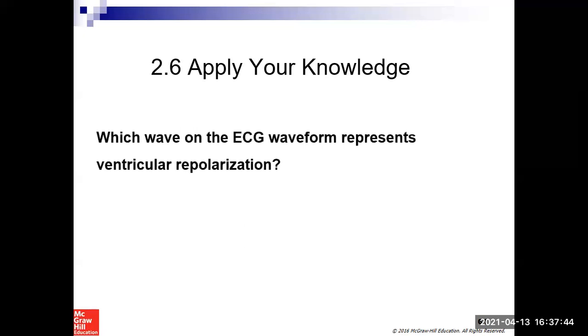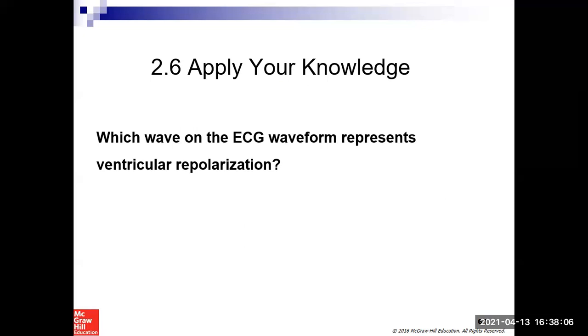Which wave of the ECG waveform represents ventricular repolarization? Again, the table on page 42, table 2.4, ECG components, make sure you read and know the heart's activity at the time of these waveforms.